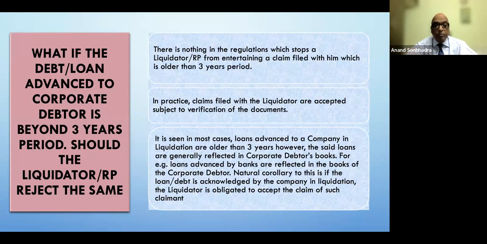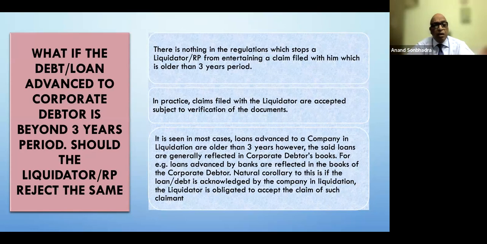However, if there are books, and we have seen this in most cases, loans advanced to a company are generally more than 3 years old. However, the said loans or monies given are reflected in the books of the corporate debtor. So if you look at the audit statement, they're reflected.